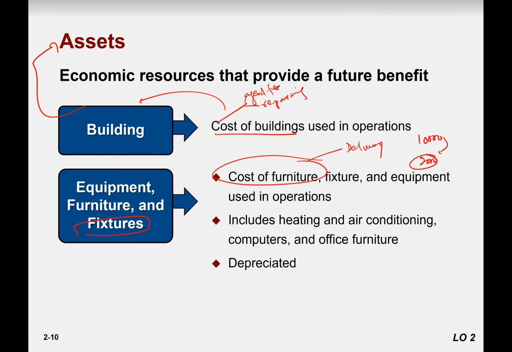So our cost of furniture would be $12,000. So all those expenses are recorded in the equipment, fixture, and furniture account, and that account will be our asset account.